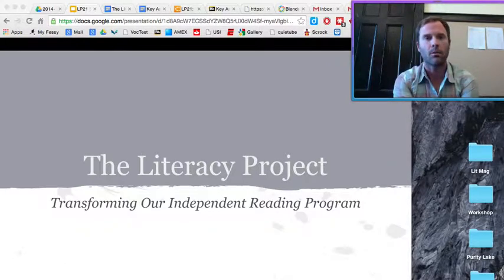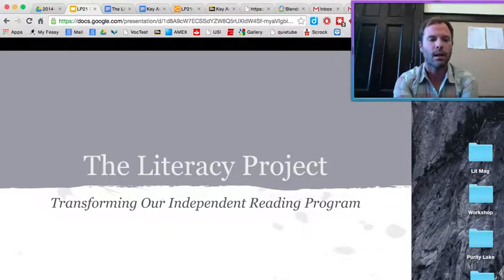We're an all-boys school. Every night they would read for 20 to 30 minutes, and then write a 2 to 3 sentence summary on a sheet of paper, which their parents signed, acknowledging that they read. At the end of the week or a couple of weeks, the teacher would collect those sheets and basically just check off, yes, you've read. So that's what I was given.